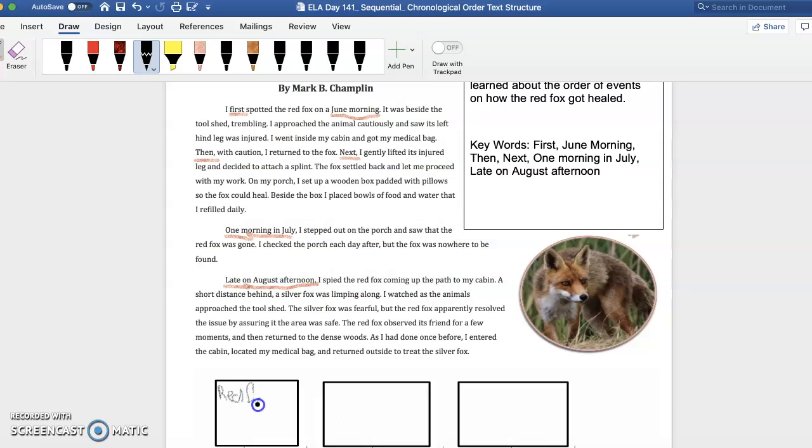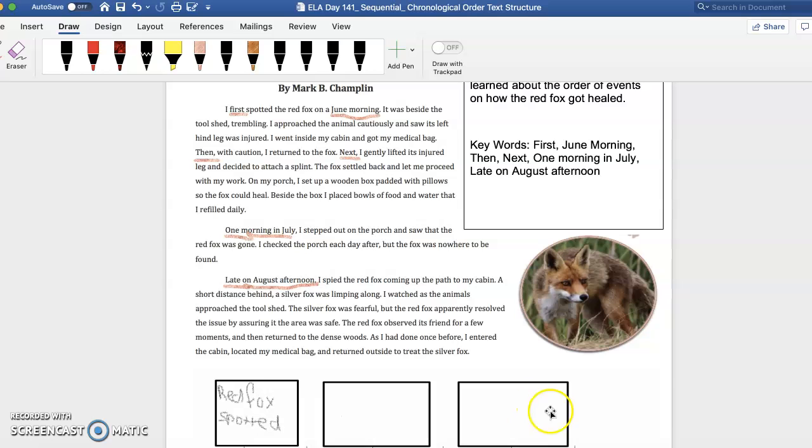Okay. I know it doesn't look fancy, but just try to go on. The red fox was spotted. Okay. So the red fox was spotted, right? That's the first thing that happened.